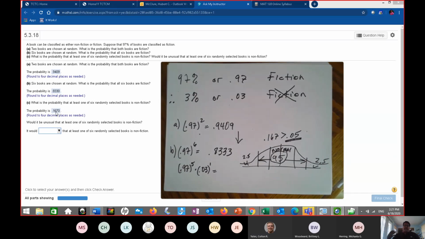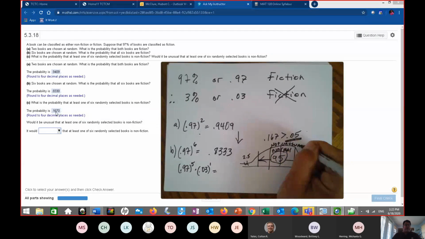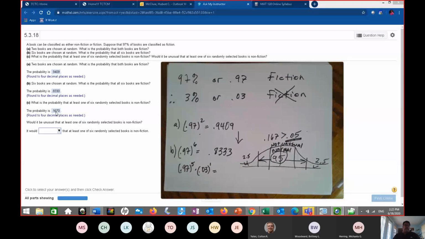So if you have an answer that comes out to be more than 0.05, then that means it's normal, which means that it's not unusual. Normal is the same thing as not what? Not unusual. So you got to read the question. We came out with 0.167. So that would be normal.